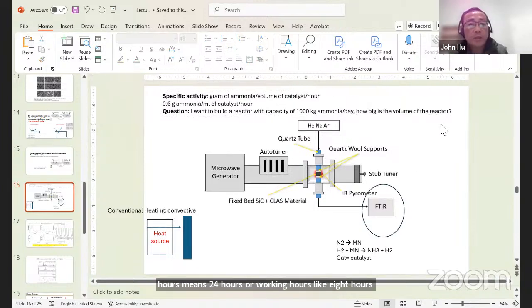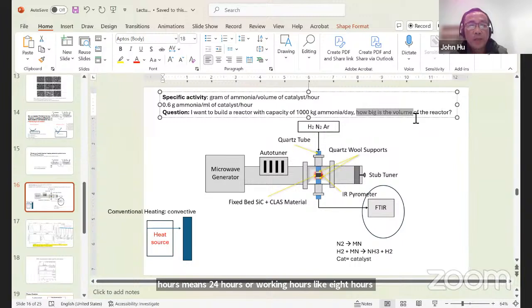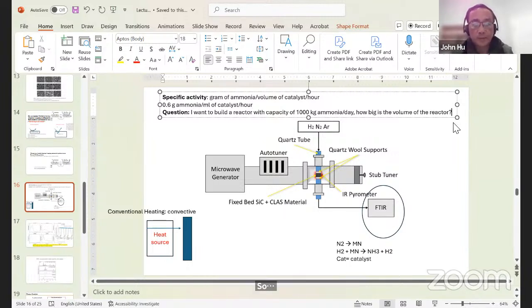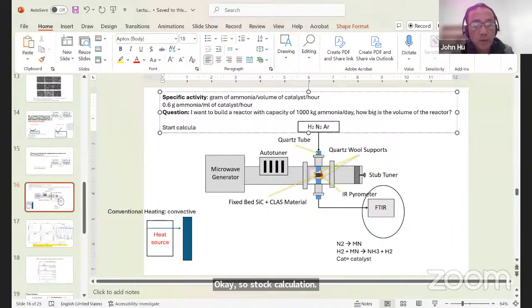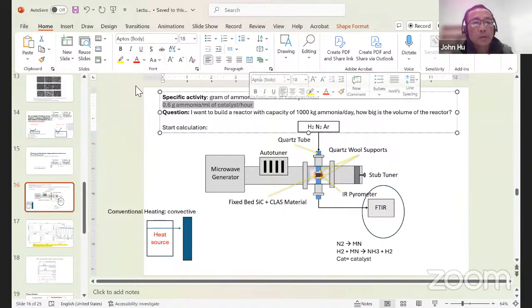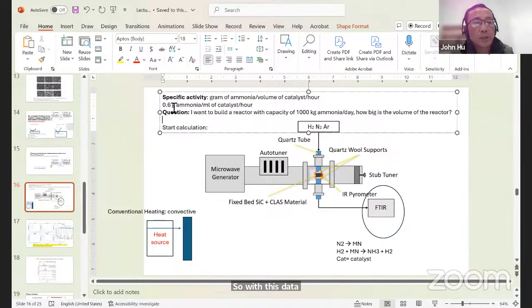Okay. So now we need to calculate how big is the volume of the reactor. Now you calculate. So per day, that's capacity. Start calculation. With this data, for simplicity, let's change this to 1.0.